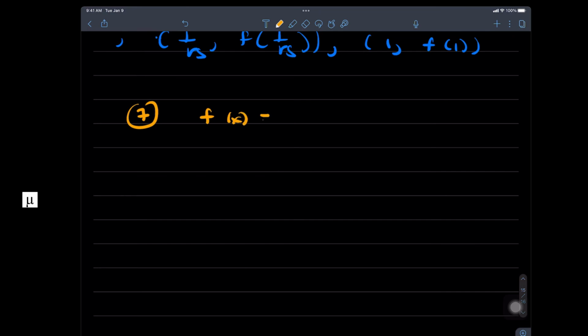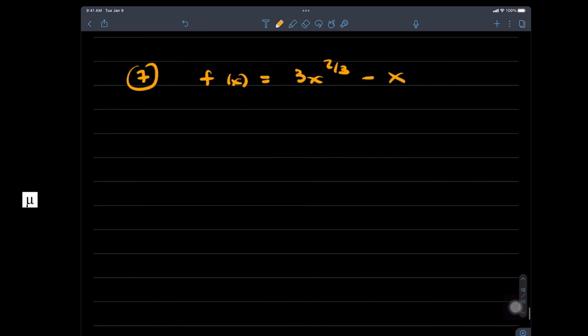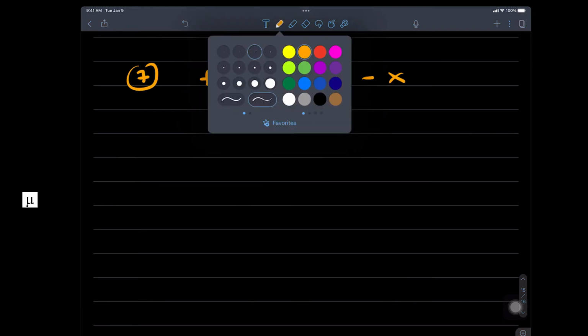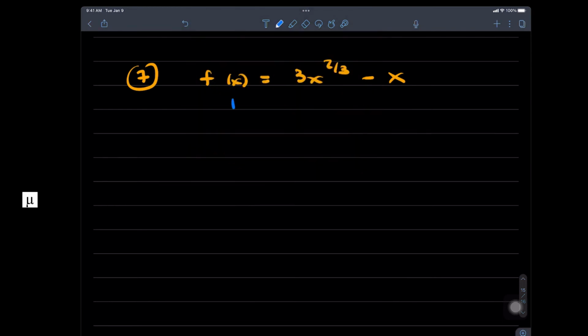The function here is 3x to the 2/3 minus x. Is that right? Now, what's the domain? Do you guys know what the domain is here again? It's all real numbers here.